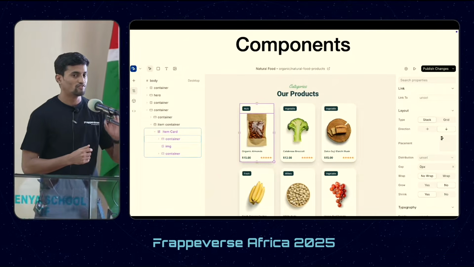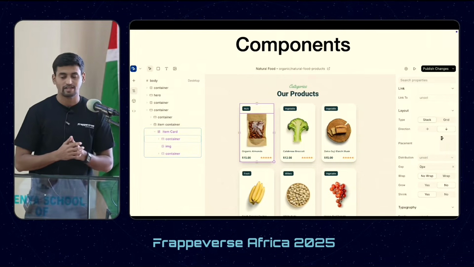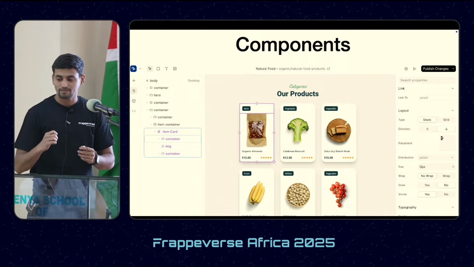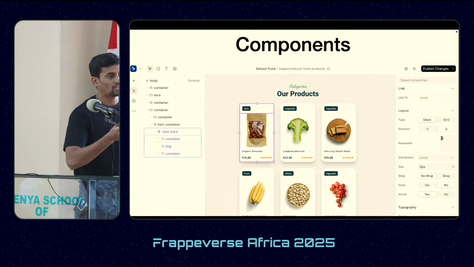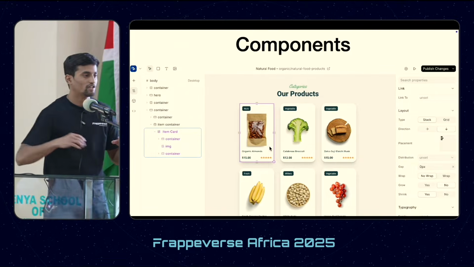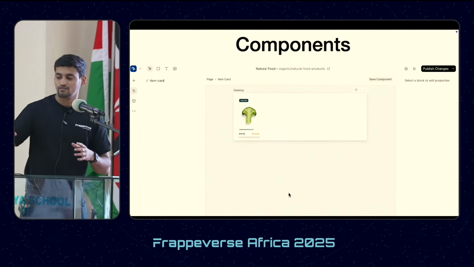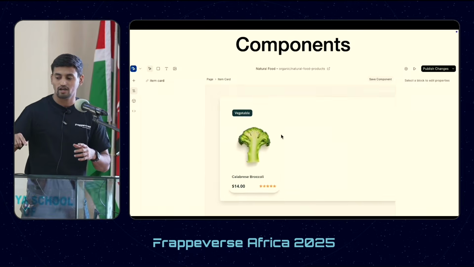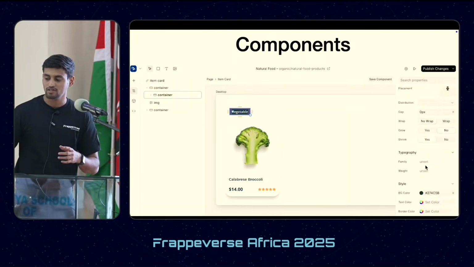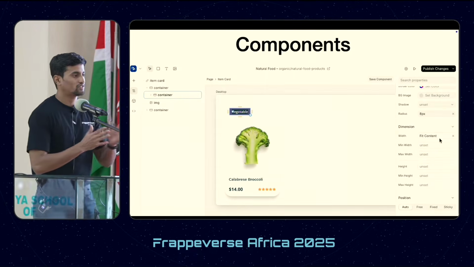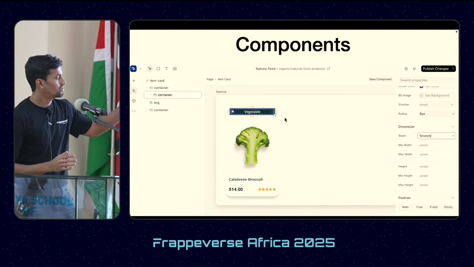One more important feature of components is, it will let you sync the style later on. If you want to change something in your component, for example, I've used the component and now I'm trying to edit something. For example, I'm stretching the label of my block.